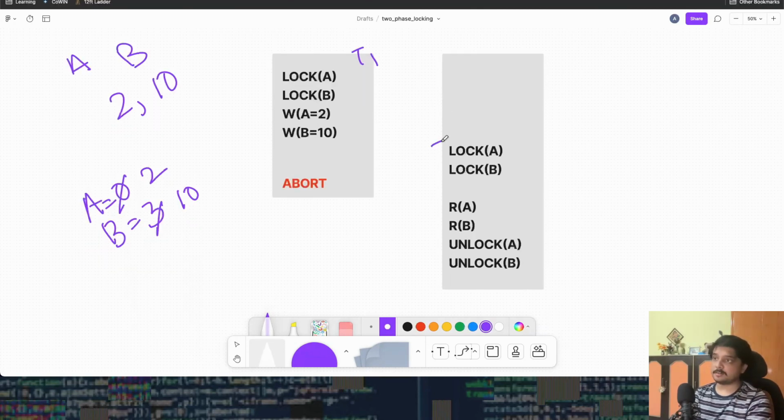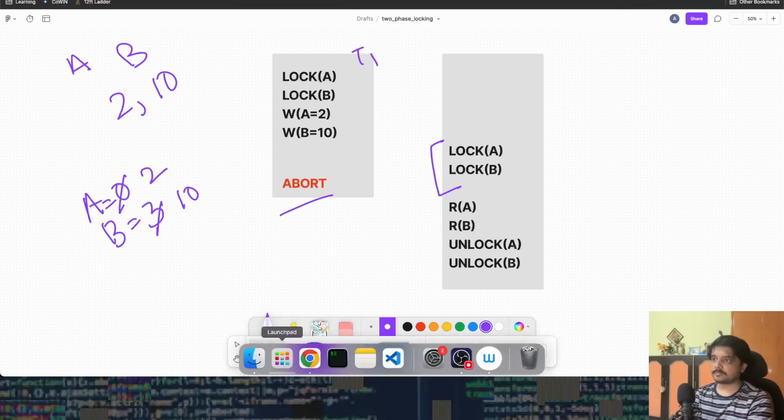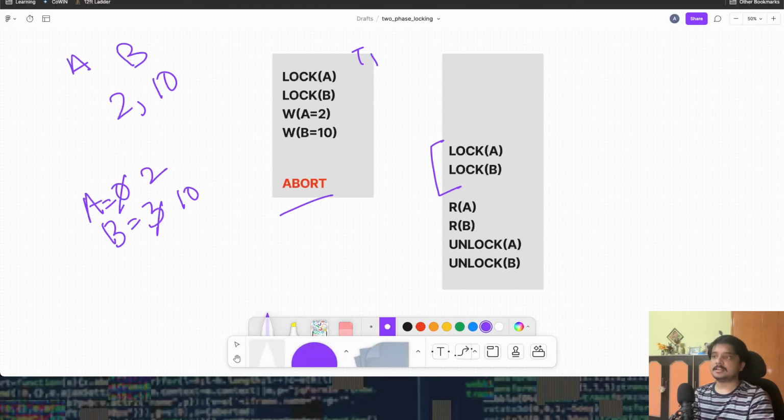Transaction T2 comes and asks for the locks, and then T1 aborts. When T1 aborts, these values are reverted back to 0 and 3. Now T2 gets to read these values as 0 and 3.